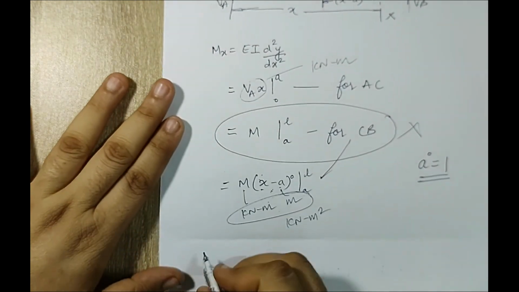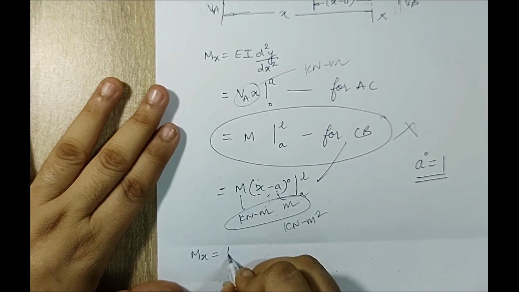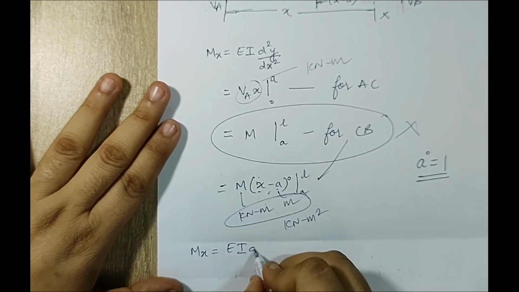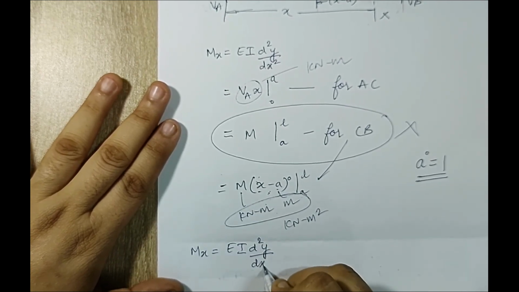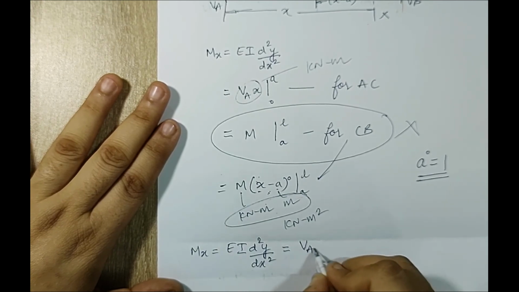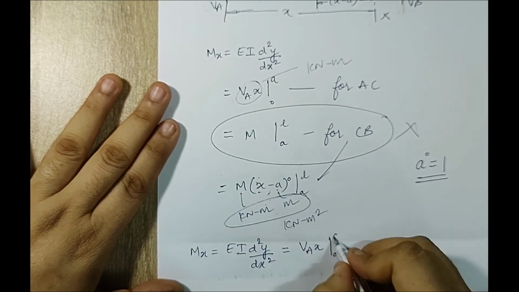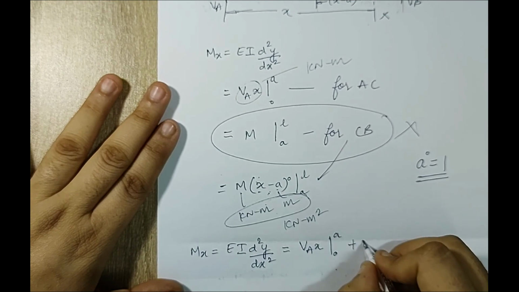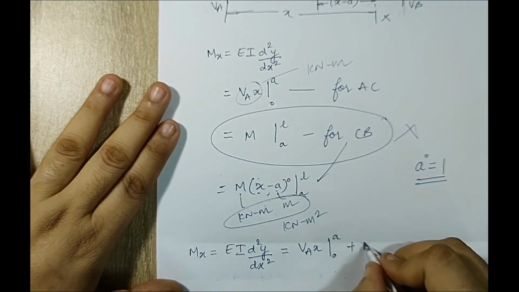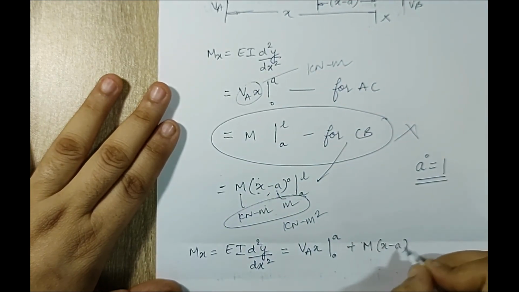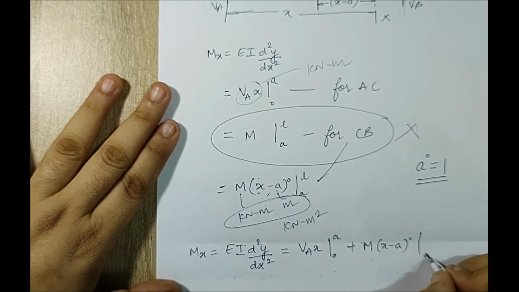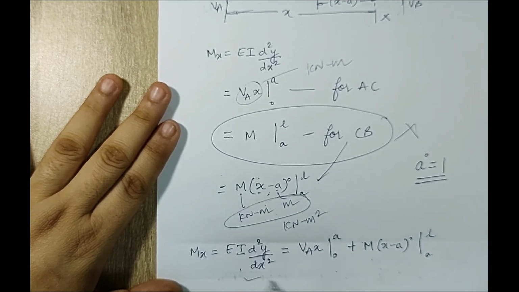So in all, if I have to write the equation, Mx will be EI d square y by dx square will be VA into x from 0 to A plus, okay, this is clockwise, so it is plus M into x minus A raised to 0 from A to L. So this equation is my moment equation.